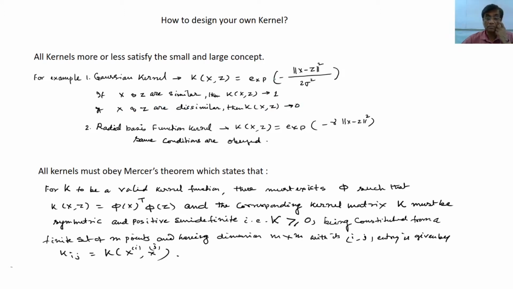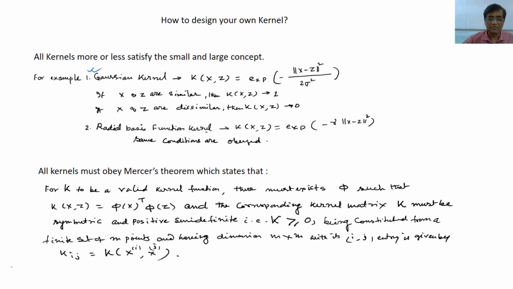Since x minus z is large, e to the power of a very large negative quantity should tend towards 0. So the Gaussian kernel passed that intuitive test, so it could be a valid kernel.